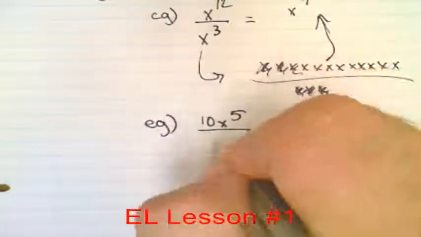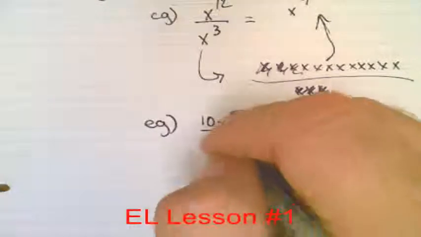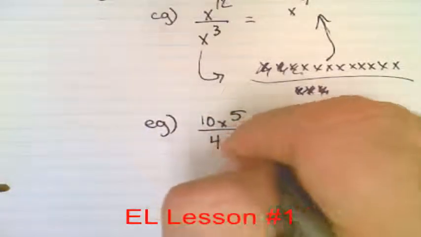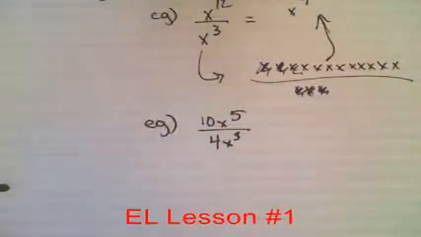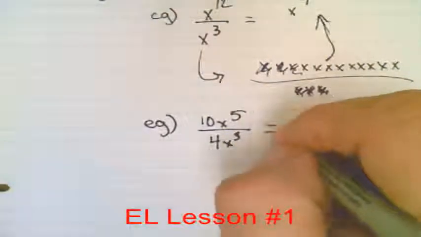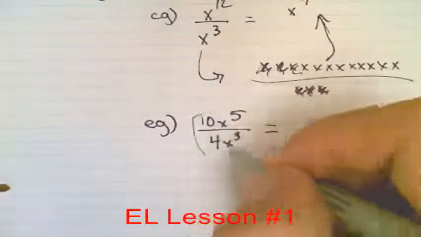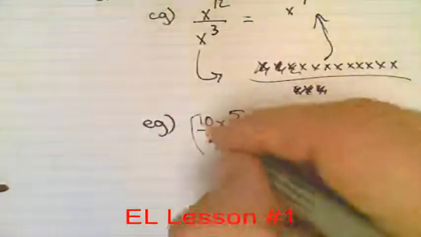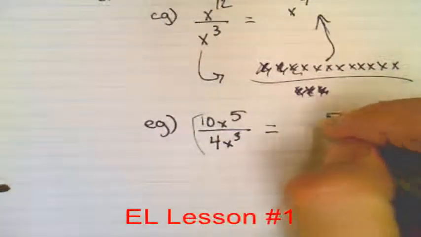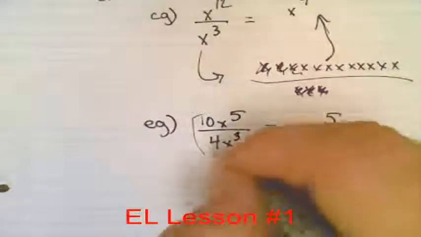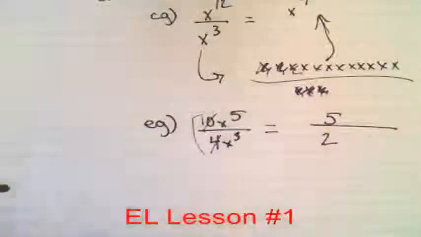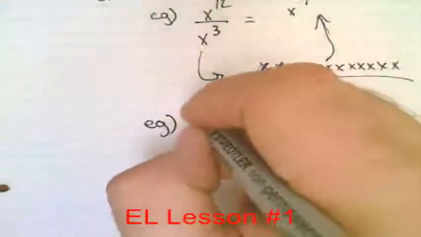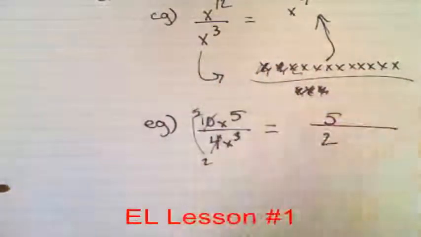Keeping in mind when you do the divisions, the same thing happens. So if I do one like this, if I've got a coefficient in front, where I say something like 10x to the 5th over 4x cubed, let's say that, okay? In this case, I've got 10 divided by 4. Now that's a fraction. I can't do it. So I'm just going to say, what can I divide top and bottom by?